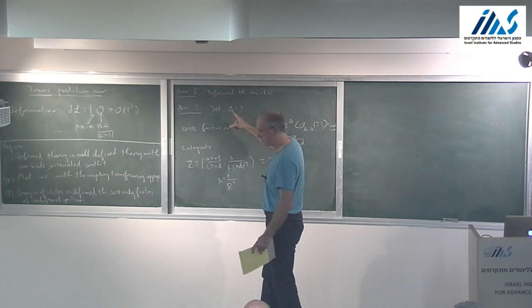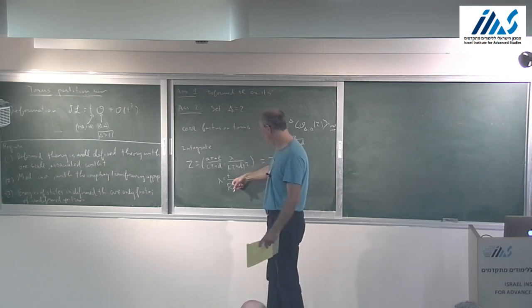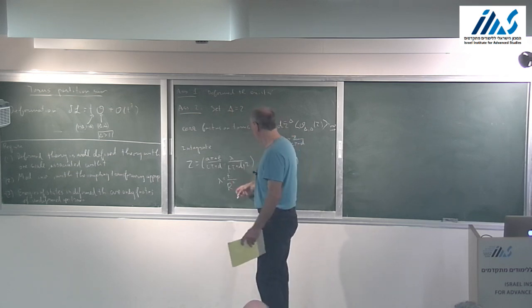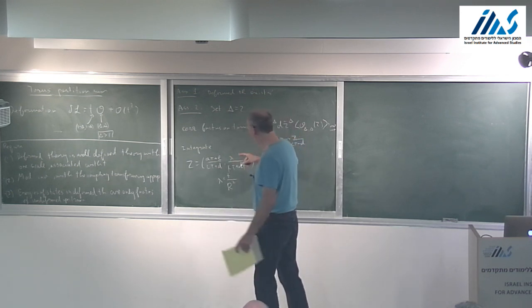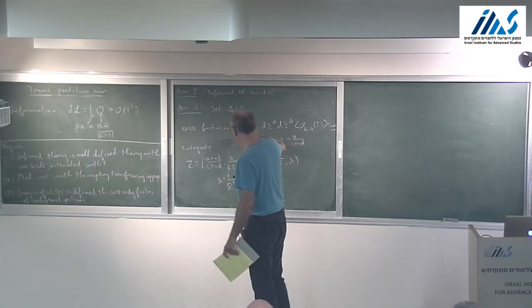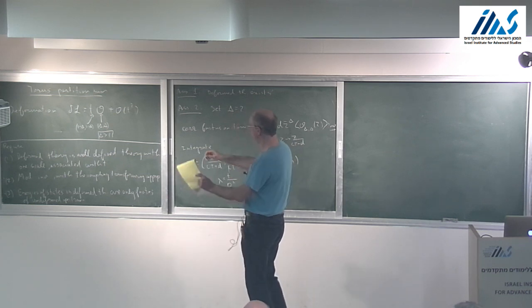So the fact that delta was taken to 2 went into the fact that the number 2, so that this 2 is the same as this 2, and both of them don't matter, like I said. What else? And this r is just the size of the torus.